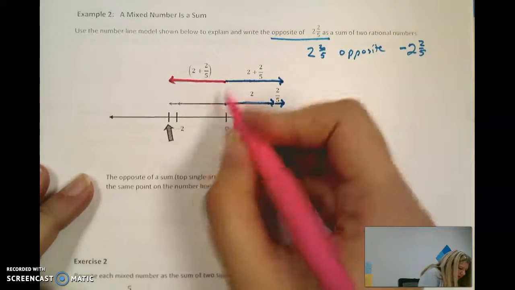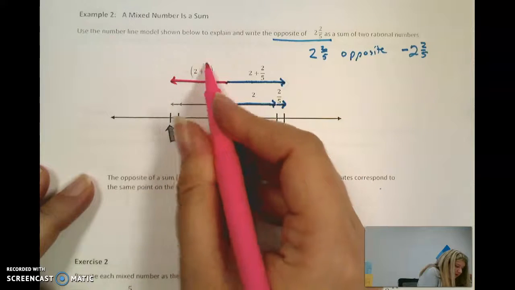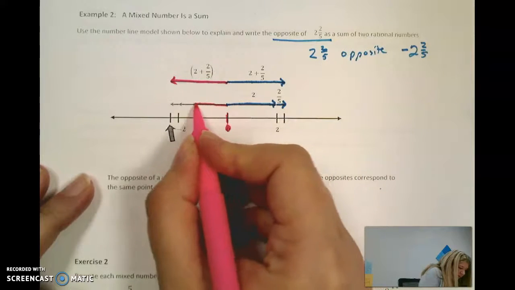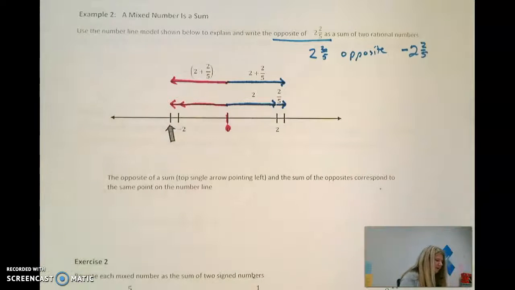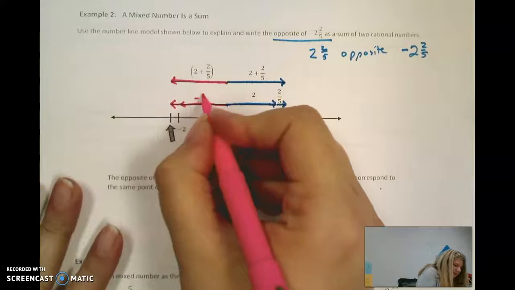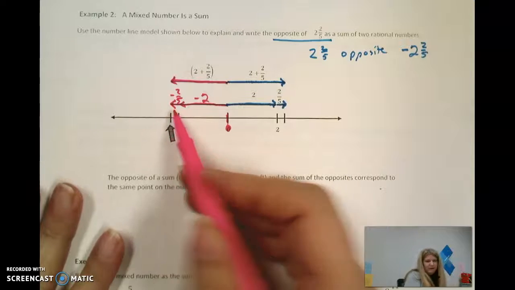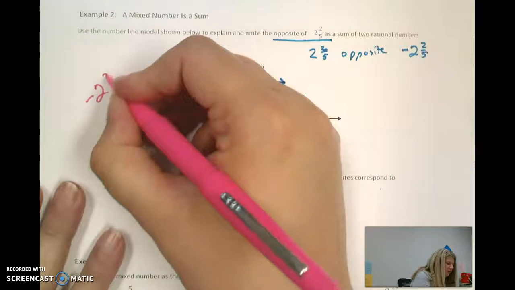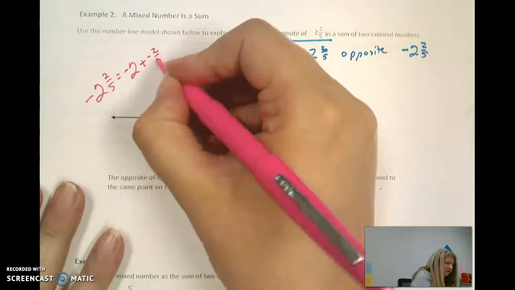So notice this is 0 here. So that's negative, the opposite of 2 and 2/5, or negative 2 and negative 2/5. So the point here is that you recognize this 2/5 is also negative. So if you've got negative 2 and 2/5, you've got negative 2 and negative 2/5.